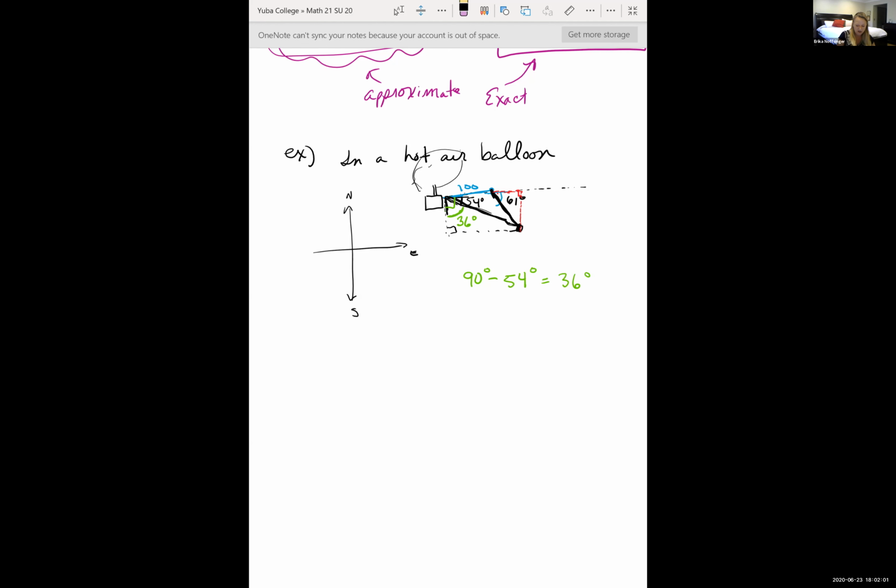Maybe we can call this length X right now, and maybe we can call this length the height Y. I don't like my picture very well.